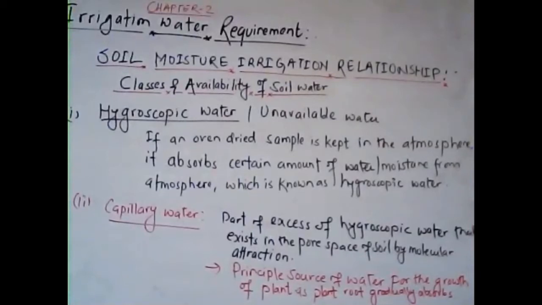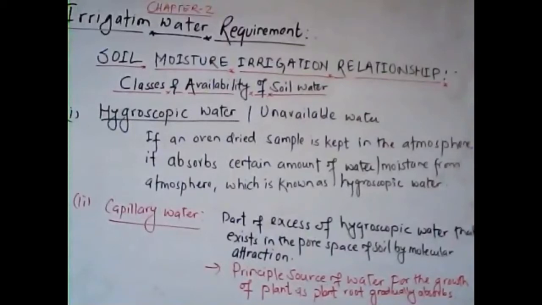Likewise, we have secondly capillary water. Capillary water is the part of the excess of the hygroscopic water that is present in the pores of the soil, held by the molecular attraction between the individual particles of the soil.